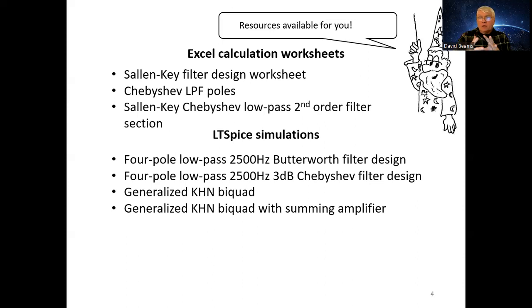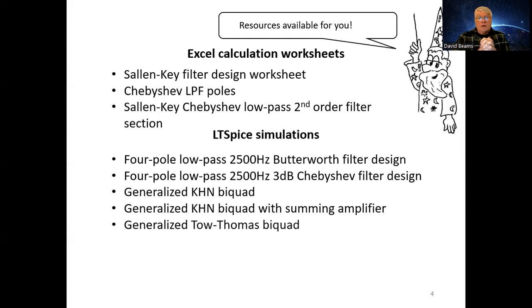The KHN biquad has a unique property that it simultaneously provides high pass, low pass, and band pass outputs. And with an external summing amplifier, you can form any type of second order filter from the KHN biquad. That is, you can do notch filters or band reject filters. You can do all pass or phase shift filters. Any kind of second order filter is possible with the KHN and a summing amplifier.